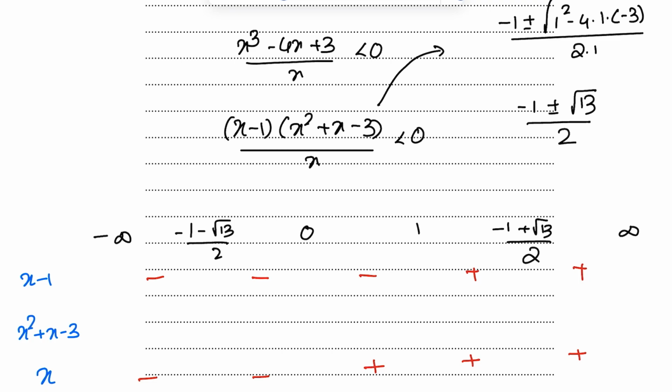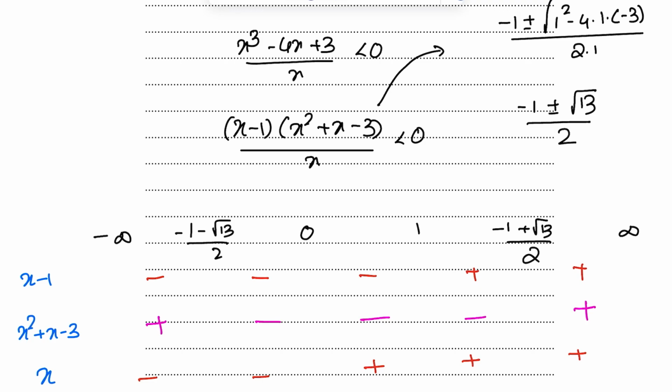Now for the quadratic, we know the roots are (−1 ± √13) upon 2. Outside the roots it is positive, between the roots it is negative, and above the root it is positive.